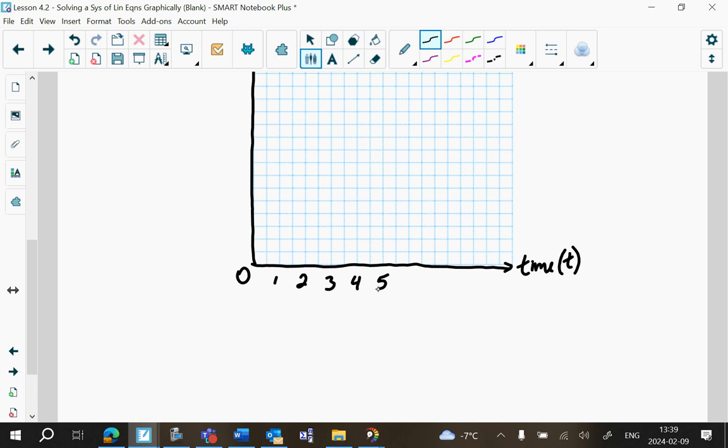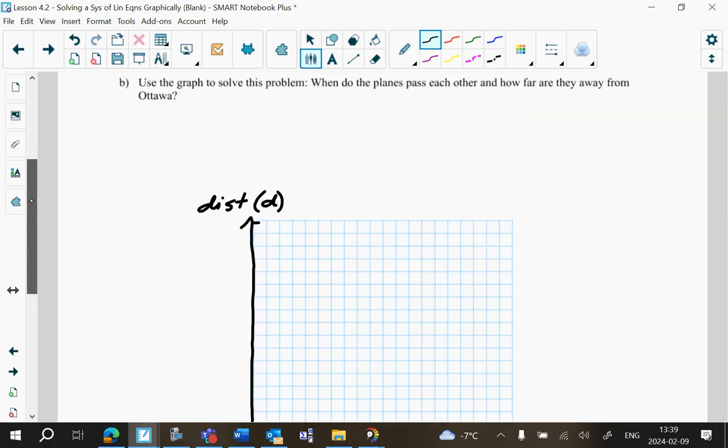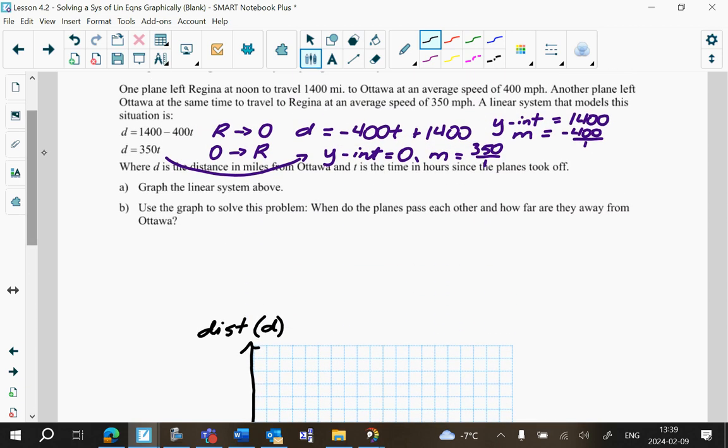What should I put for the distance, though? Now the distance, that's different. Because here, like when this plane is sitting at Regina Airport, how far is it from Ottawa? 1,400, right?